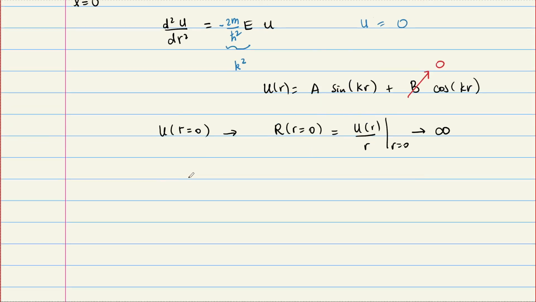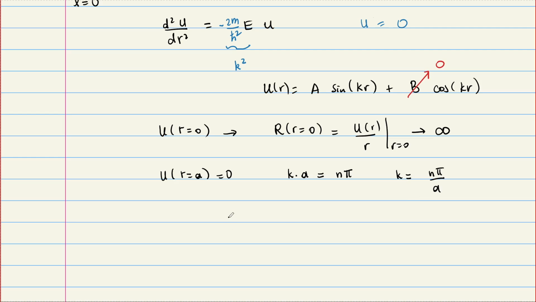Then the solution is only the sine term. There is also a second boundary condition: U of r at r equal to a should be 0, because the particle cannot be there. Then we have k times a equal to n times pi, or k equals n pi over a.